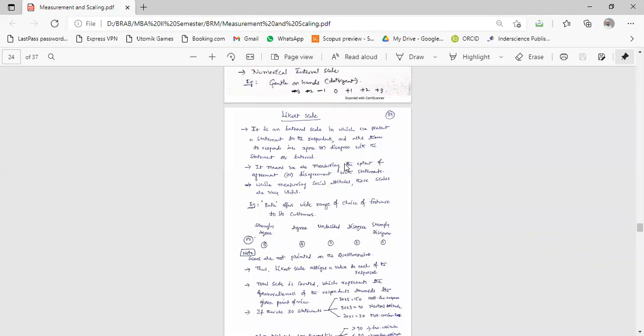While measuring social attitudes, these scales are very useful. For example, Bata offers a wide range of choices of footwear to its customers. This is the statement provided by Bata. Now, you can either strongly agree, be undecided, disagree or strongly disagree. It is up to you.